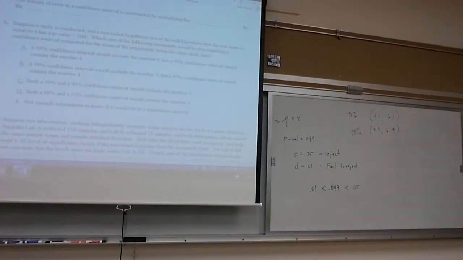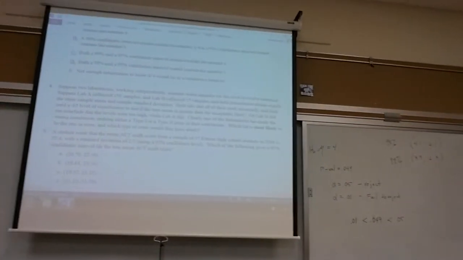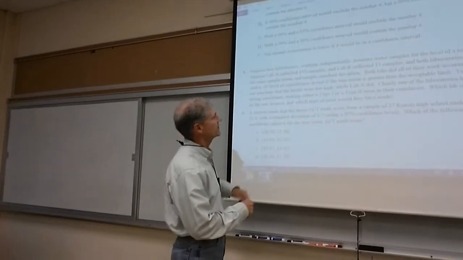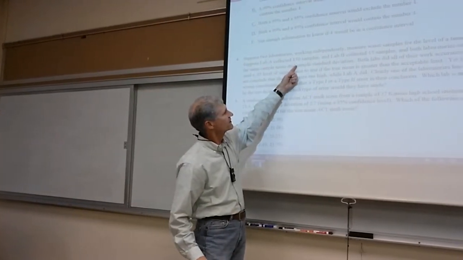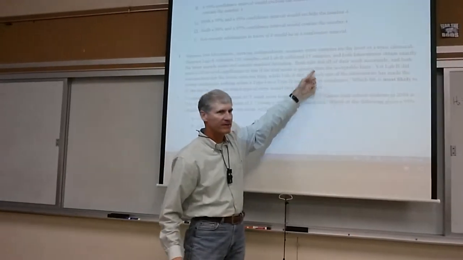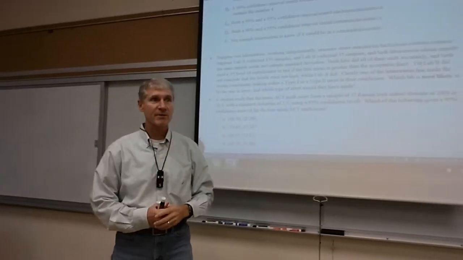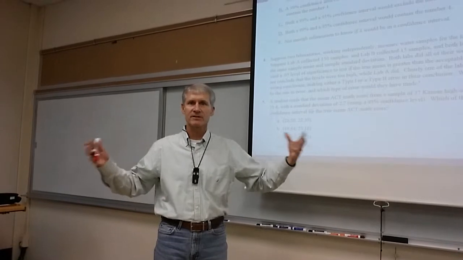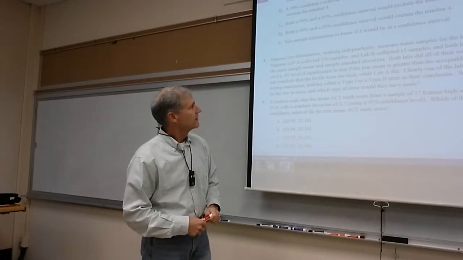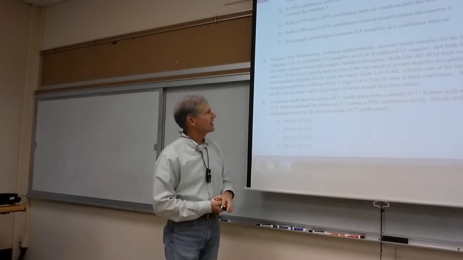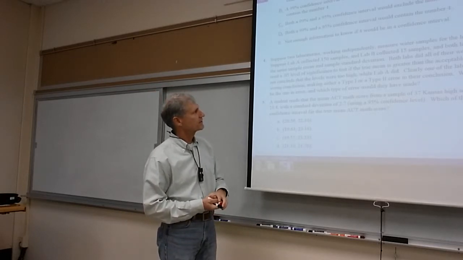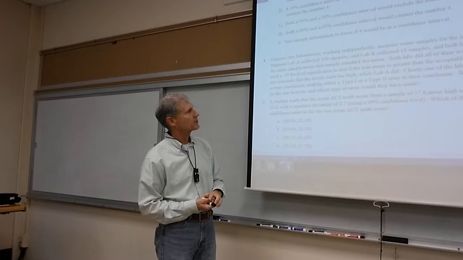Number 4 says, suppose 2 laboratories working independently measure water samples. Lab A collected 150 samples, Lab B 15. So Lab A got 10 times the sample size, right? Both labs did all their work accurately, and both used a 0.05 level of significance to test if the true mean is greater than the acceptable limit.